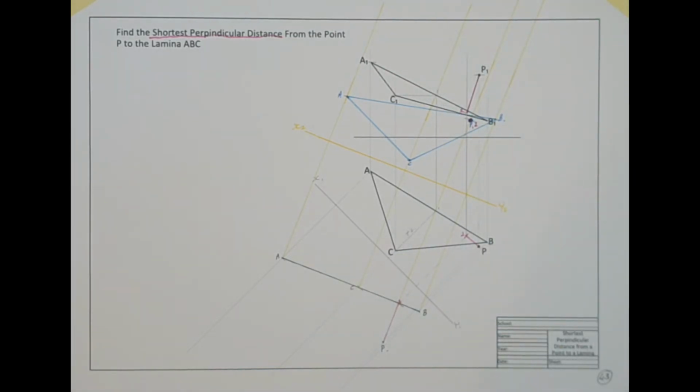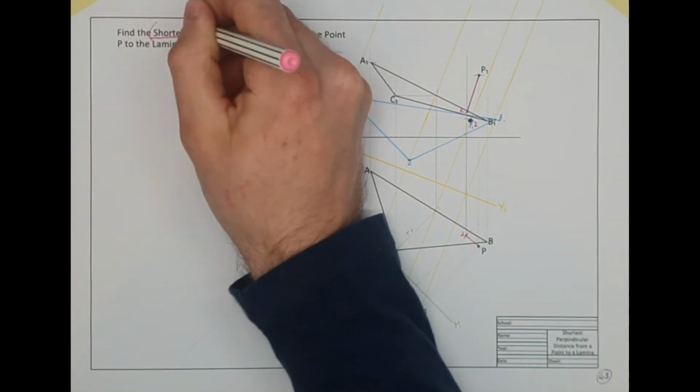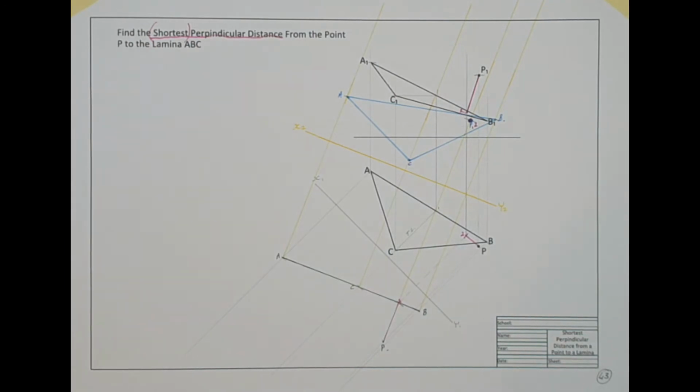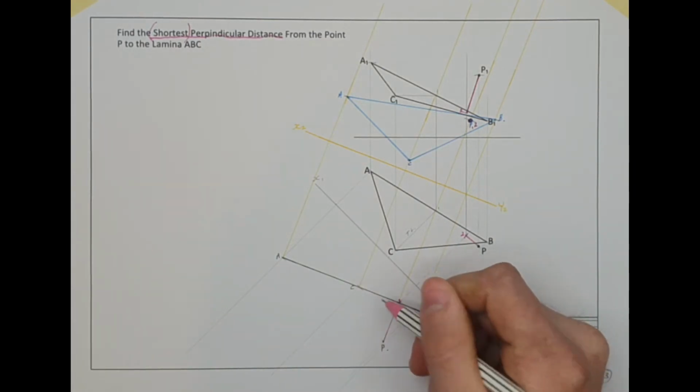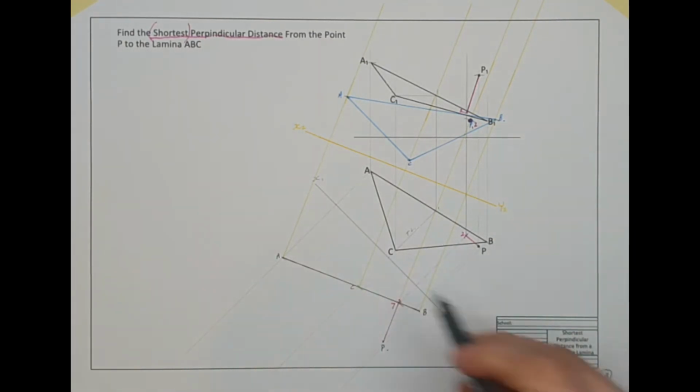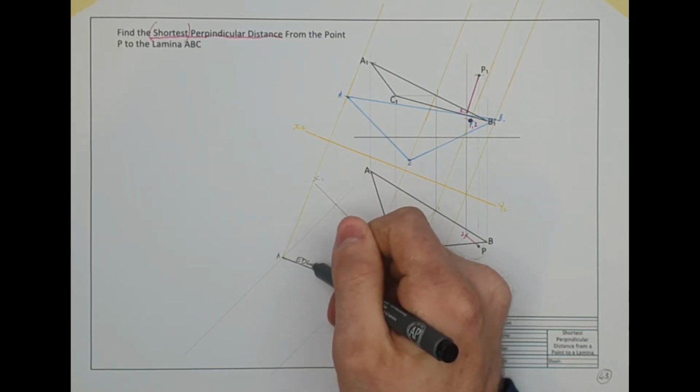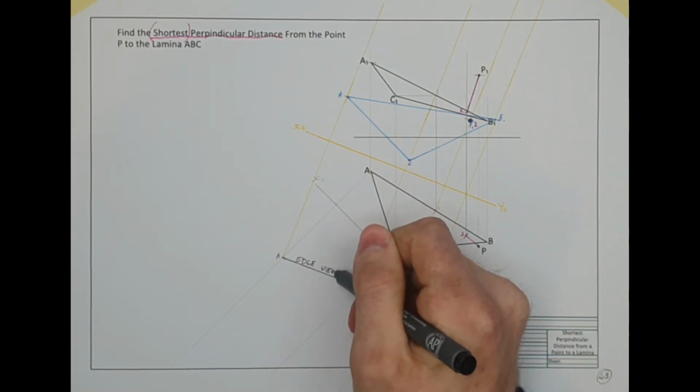So there is only one possible perpendicular distance. It could be worded without this shortest part. Find the perpendicular distance, or it could have just said find the perpendicular line. And it all comes from the edge view of the plane down here. So that's an edge view of plane, edge view ABC.